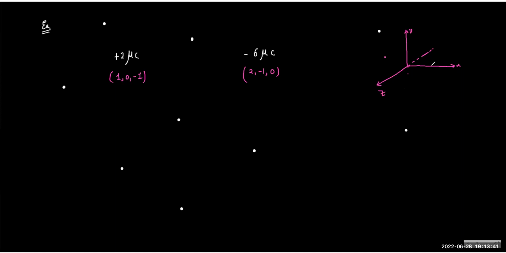So plus X and 0, Y and minus 1. It's somewhere here, the plus 2 microcoulomb. Of course, these are not required at all. And minus 6 is where? 2 and minus 1 is upward somewhere here, or minus 1 is somewhere here. And the separation between them is this.